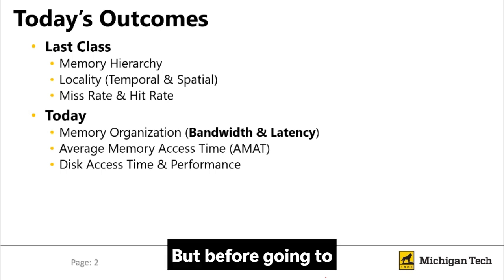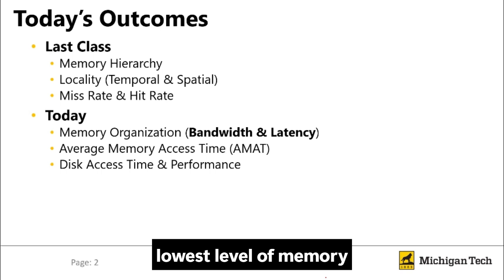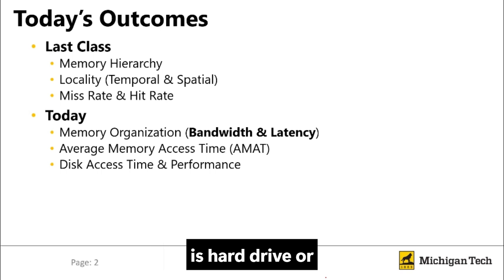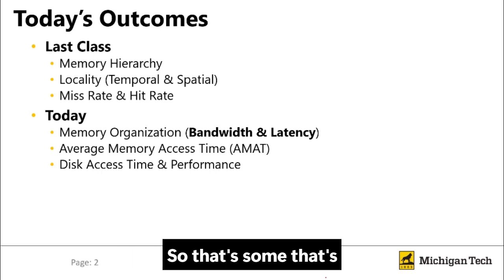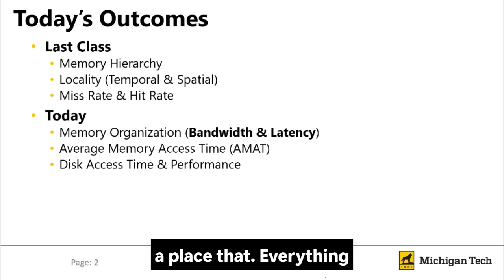But before going to the cache, we need to see, because the lowest level of memory is the hard drive, or secondary memory, or storage. That's the place where everything is.